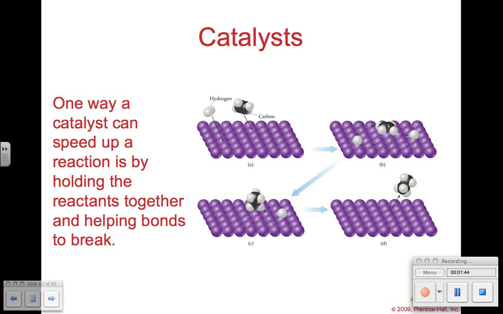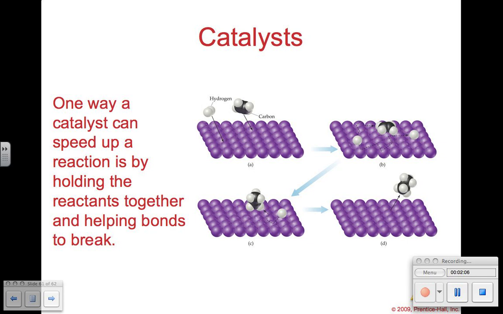Now you can also think, in your car, you have what is called a catalytic converter, and that is actually present so that it helps in the combustion process, or actually the post-combustion process, to get rid of some of the exhaust material that comes out of your engine that is not fully reacted.